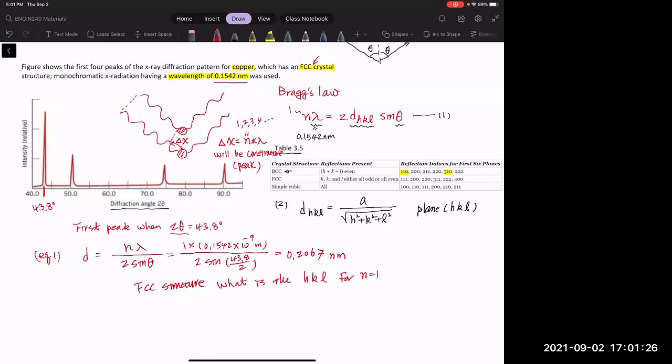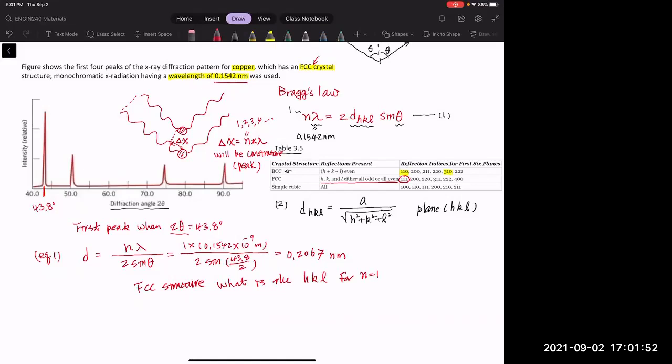Then you look at the rule. The rule is that n equal to 1 is FCC. And they give you the example over here. The first 6 planes, if you have FCC, they're going to have the peak at these 6 planes.